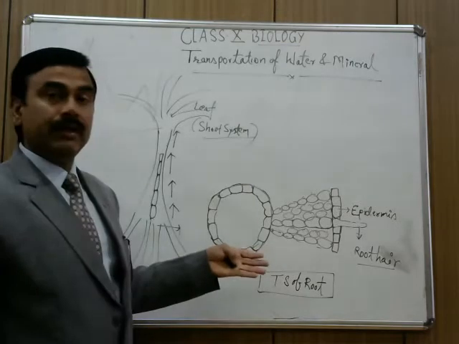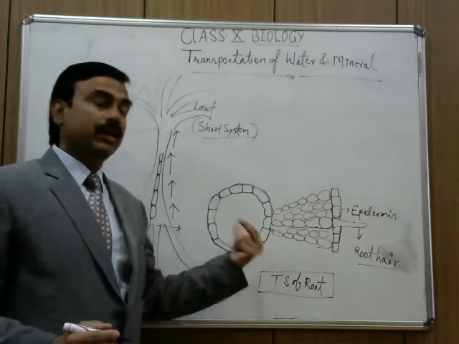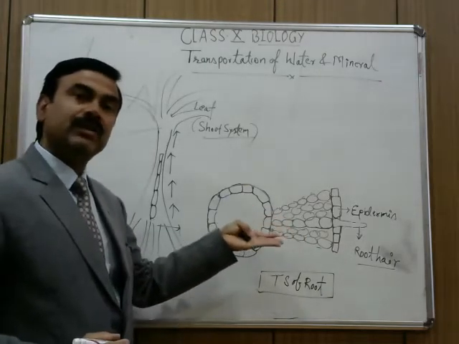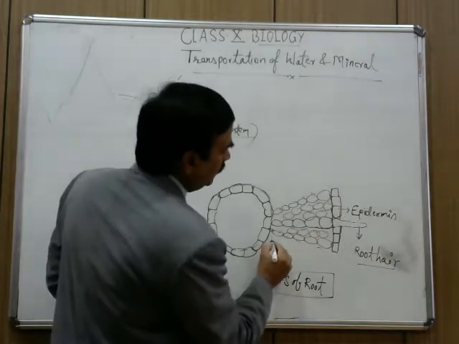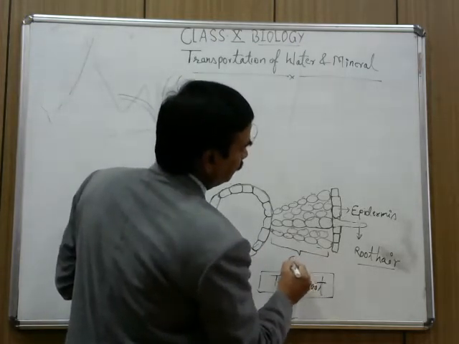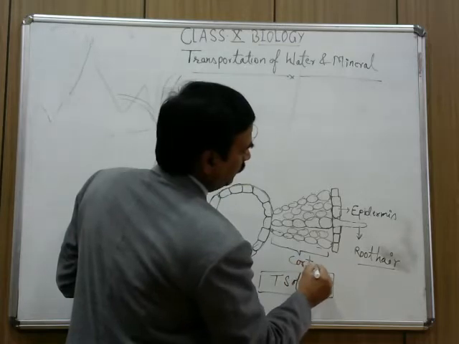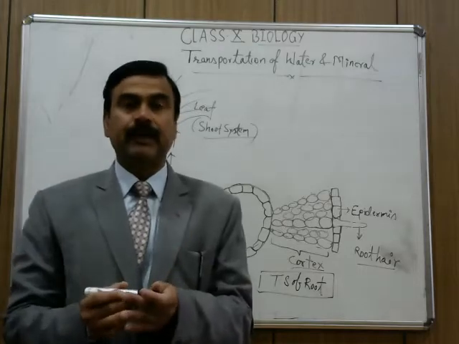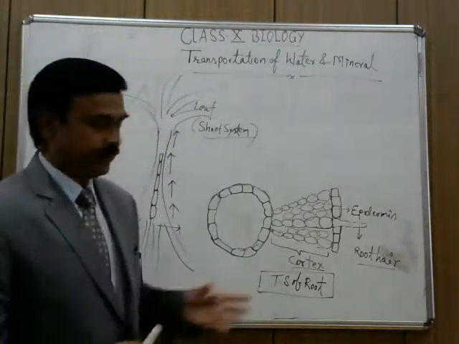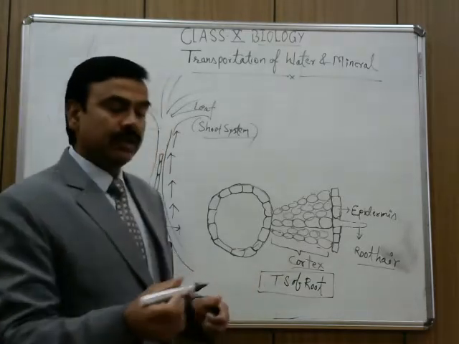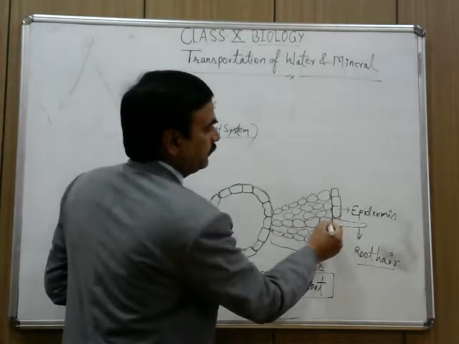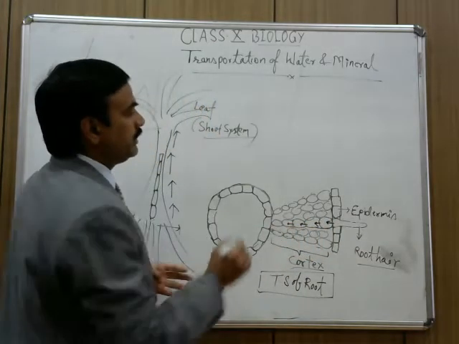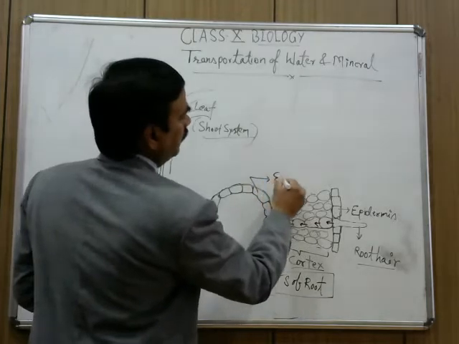When we are making the inner part of the root, you have to recognize the different types of tissues present here. This part is the cortex, the cortical part, and moving inside from the cortex, this is called the endodermis.